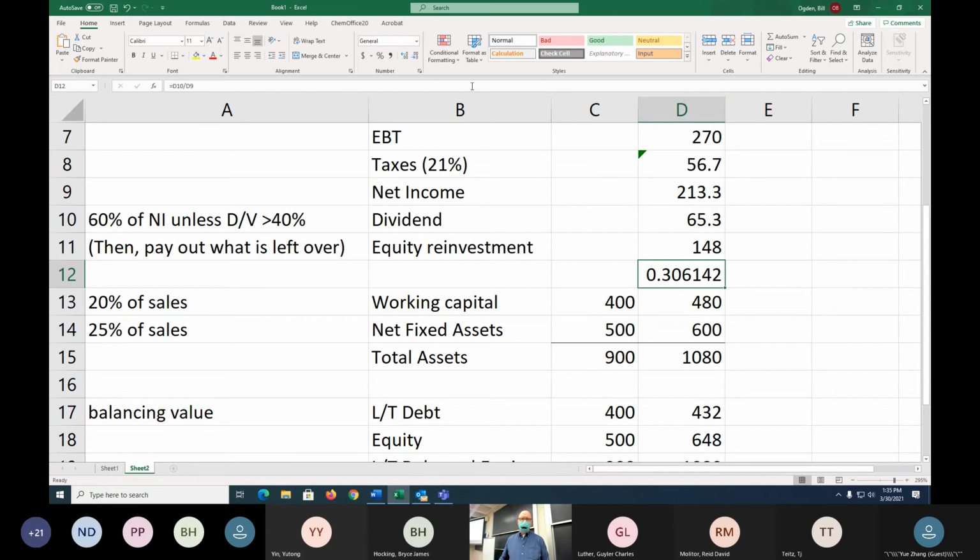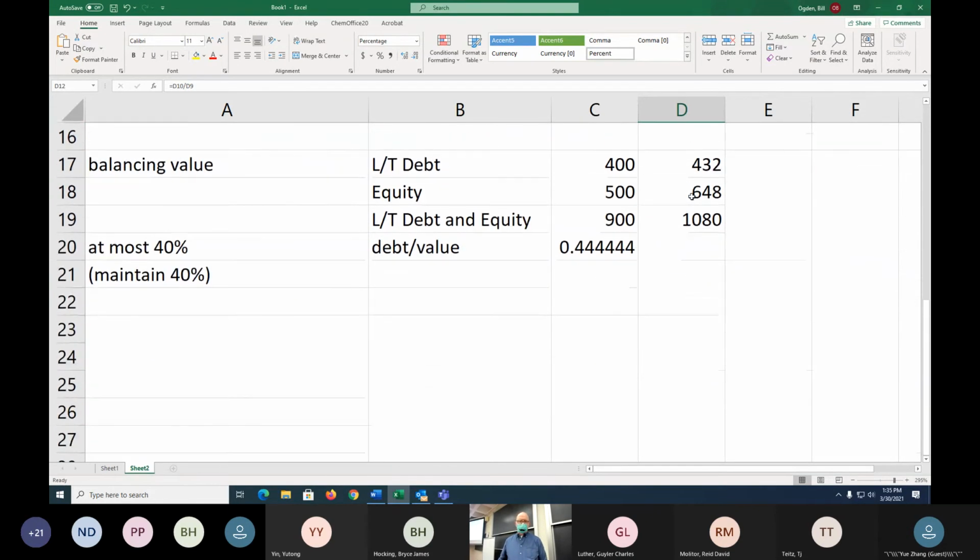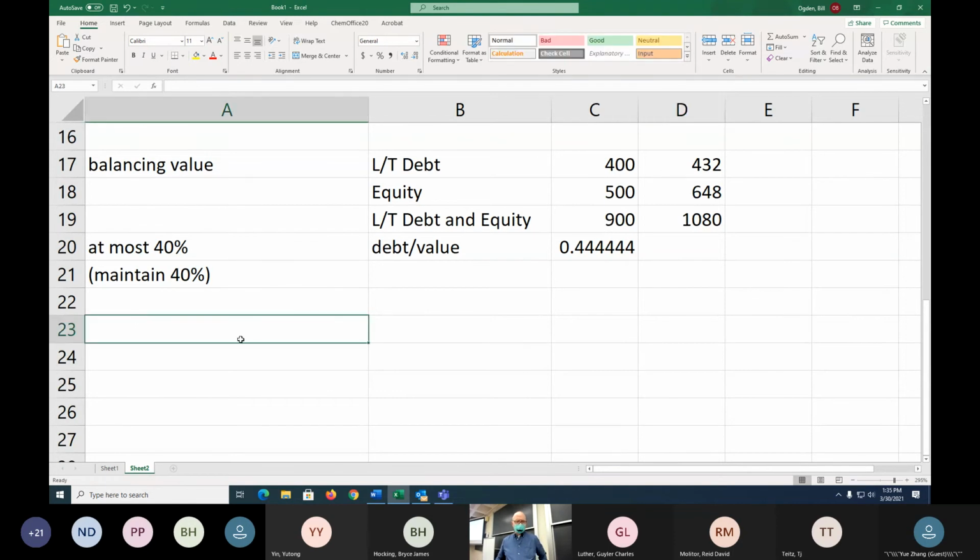So we're paying out about 31%, 30.6%. Okay, so we're nowhere near our target here, but that's because we're trying not to fund through external sources. All right, let's move on from this 32 that we have for the long-term debt. Let's set up our statement of sources and uses.